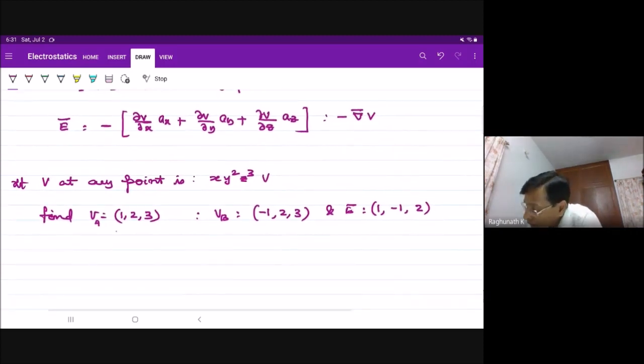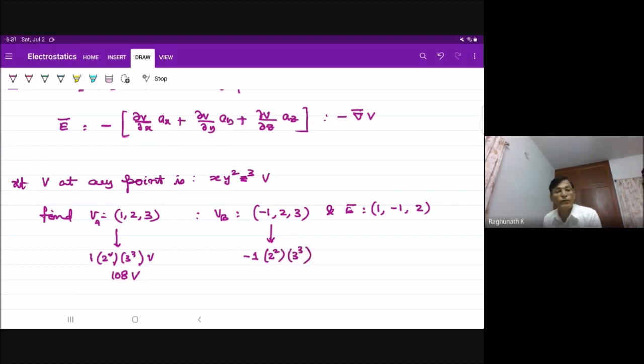V at 1, 2, 3 is what? 1 into 2 squared into 3 cubed. So many volts. 108. What about this? Minus 1 into 2 squared into 3 cubed. Is it 108? Minus 108.